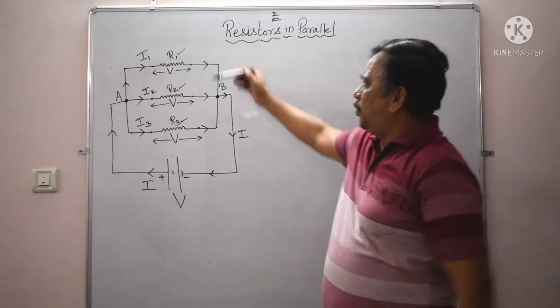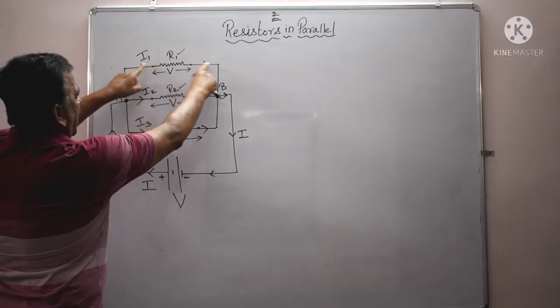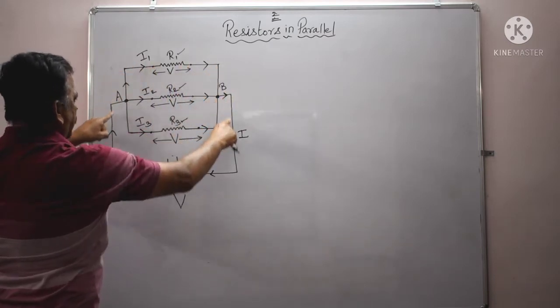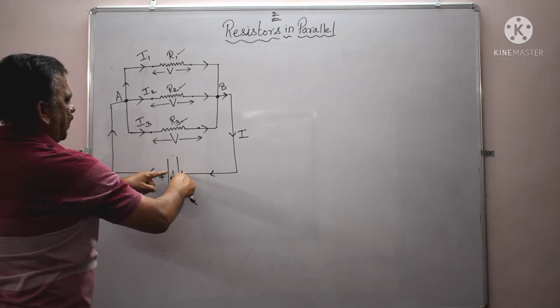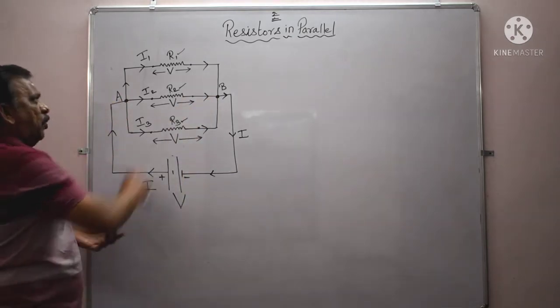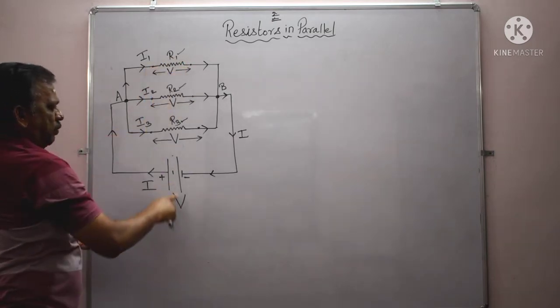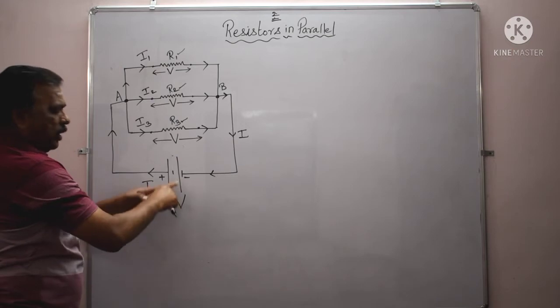Okay, now if you look at the resistor 1, the two ends of the resistor 1 are connected to the positive and negative of the battery through the junction point A and B. Therefore, the potential difference between the two ends of R1 will be same as that of the battery.